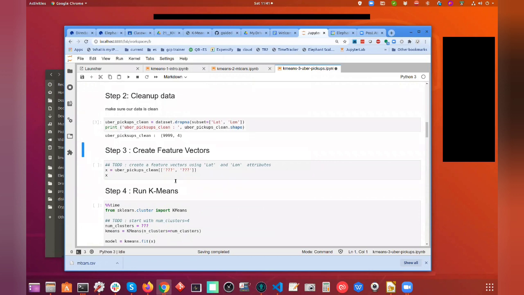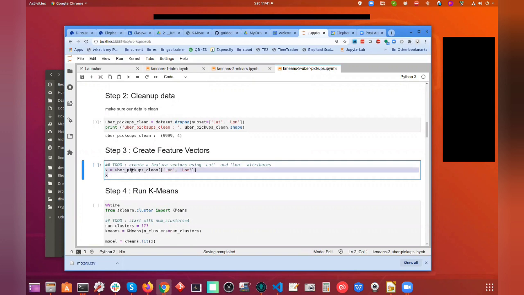All right, so my vectors are here. What's my x? I'm going to group only by lat and longitude. At the end of the day, you figure out your x, meaning from the original data, what's going to be x.